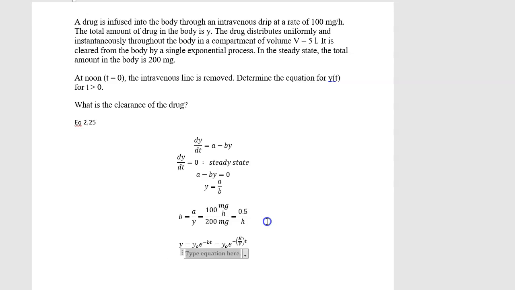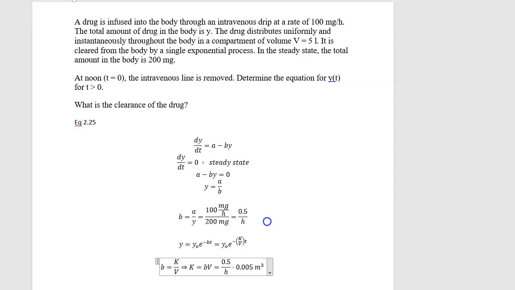So we've got b is K over V. We need the blood volume in terms of cubic meters. And so let's get K is bV, which is 0.5 per hour, times the blood volume of 5 liters, which is 0.005 cubic meters.